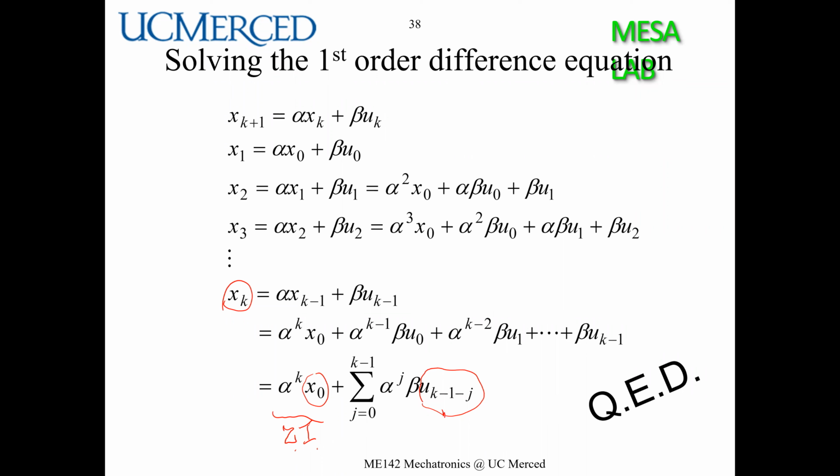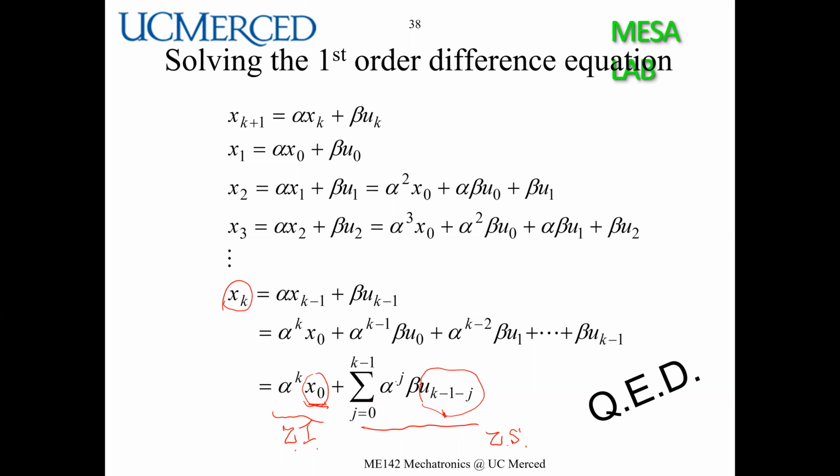If you don't have an input here, then the output is all linked to the initial condition. And this part is called ZS, zero state. Meaning when your initial state is 0, when x0 is 0, then the other response is all because of the control.